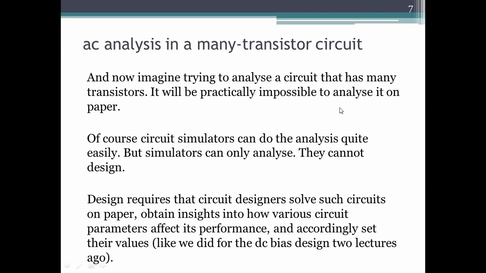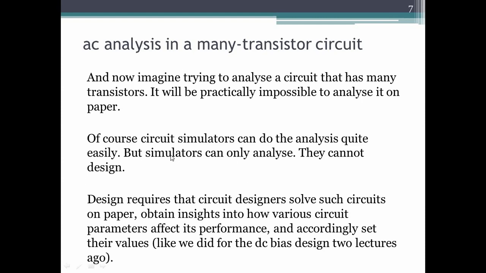How do we analyze a circuit that has so many transistors and each transistor has exponentials? It is extremely difficult. It is nearly impossible to do it on paper. Of course, you would argue, let the simulators do it. Why should we do it? We don't need to analyze them on paper. We'll do the analysis in simulation. And of course, simulators can do this very easily, and they actually do use exponentials in their analysis.